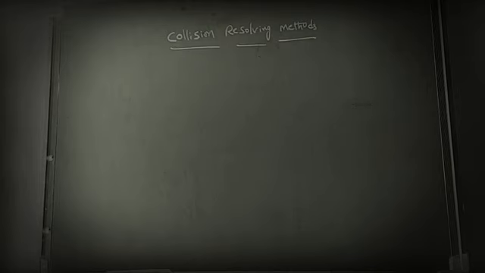Students, today we are going to discuss collision resolving methods. Last class we discussed what a collision is and by which reason a collision arises. So once again, recollect the definition of the collision.